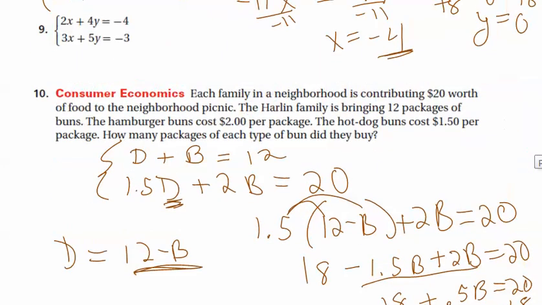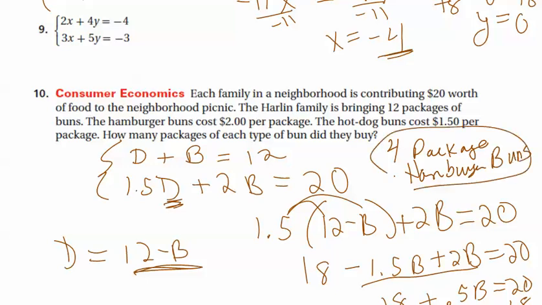That means they bought 4 packages of hamburger buns. And you can probably in your head then figure out, if they bought 12 packages altogether, how many of them must have been hot dog buns? Must have been 8. And that is it for that problem.